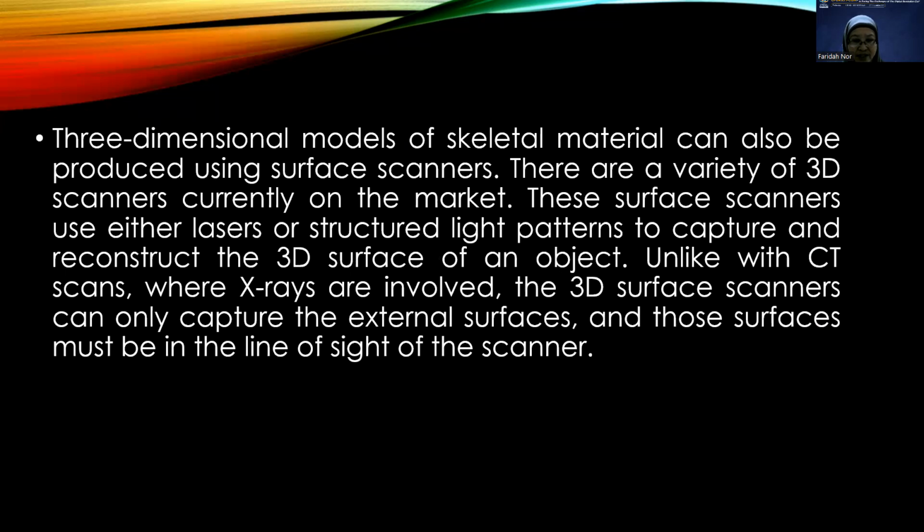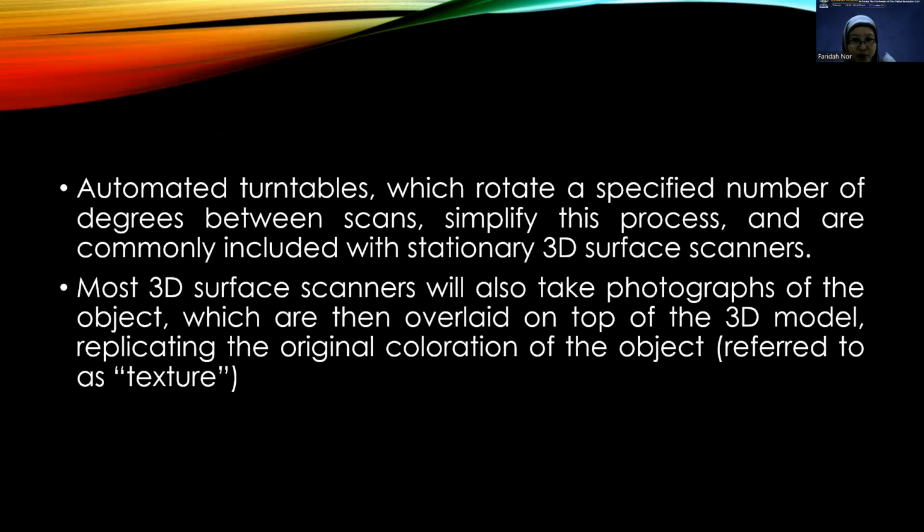Unlike CT scans that use X-rays and show internal structures, these scanners can only capture the external surface. Automated turntables, which spin the object around during scanning, can make the process easier, and they are often parts of stationary 3D surface scanners.